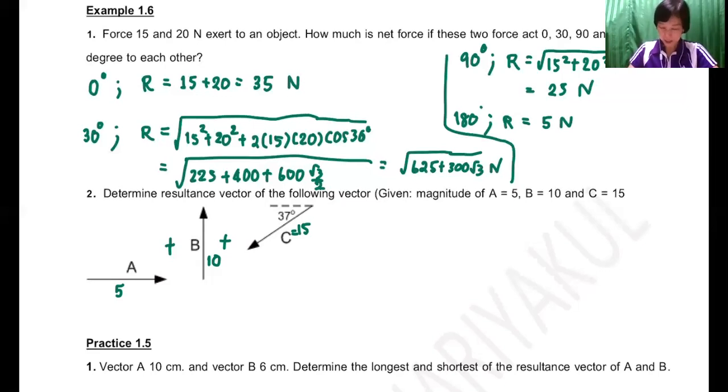So we will determine the two components of vector C. One component must be downward and the other one must be to the left.